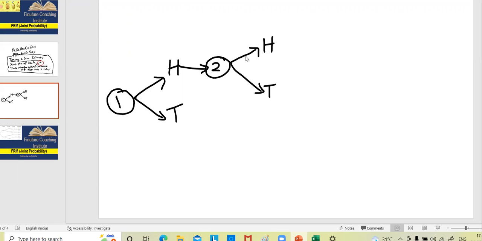Now let's see what happens if your first outcome was head and when you tossed it the second time it was also head. In that case, what is the outcome in the third? We are just trying to understand possible outcomes. So in the third toss you get head or you get tail.